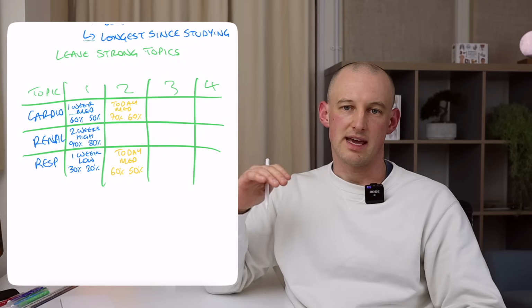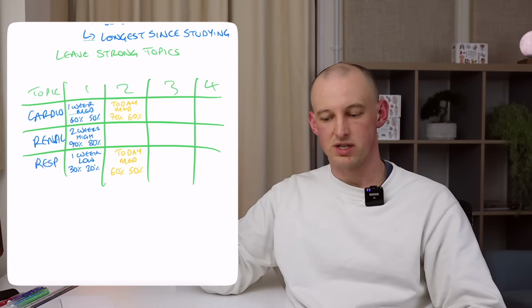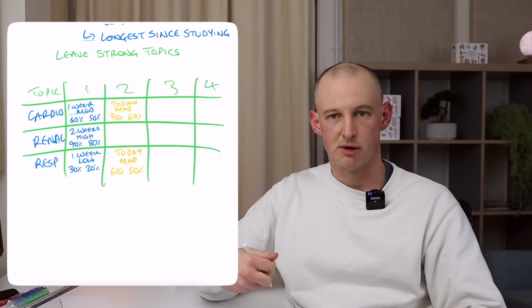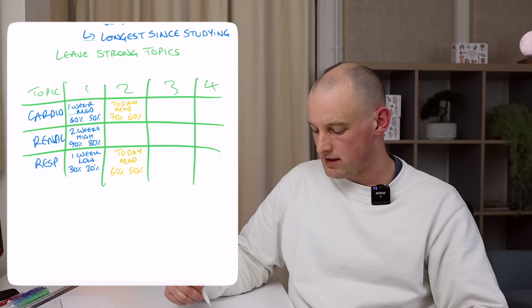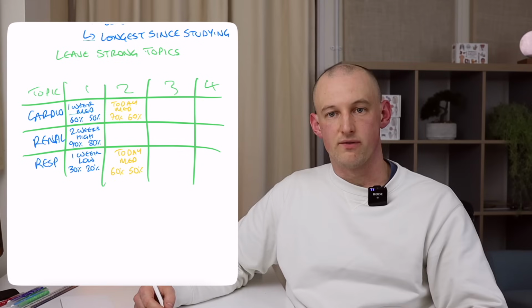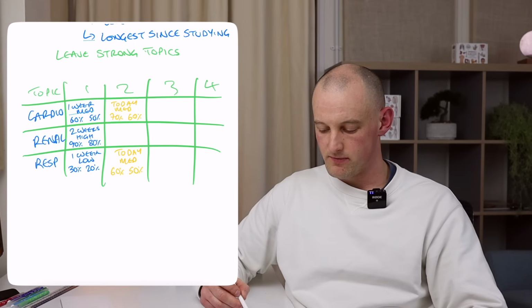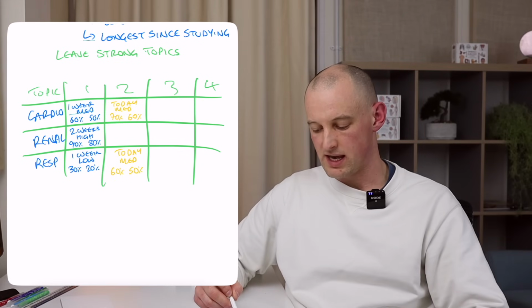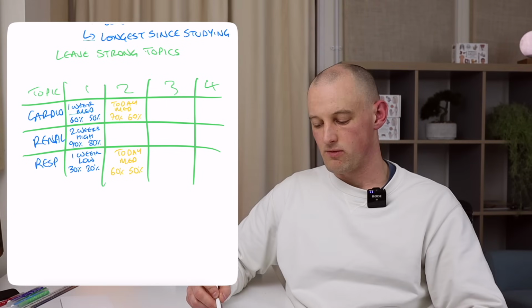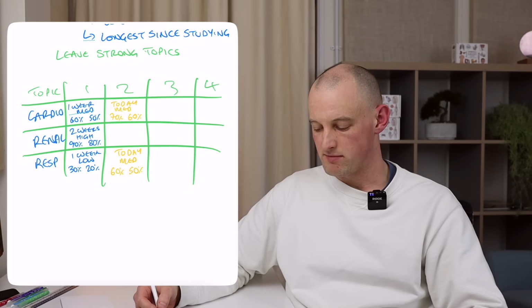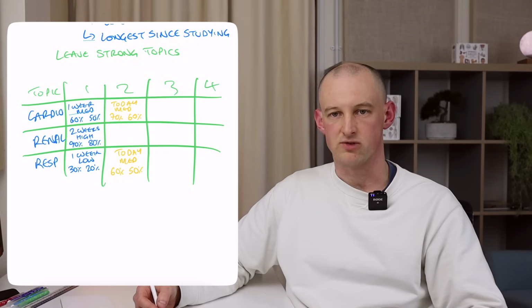And now let's say in 1 week's time or 2 weeks' time, after you've been through some more topics, you're looking back and saying, which one should I do now? Should I do renal, which was 3 weeks ago, where I got high confidence and high scores, or should I do cardio, where I got medium confidence and medium scores, and so on with respiratory?